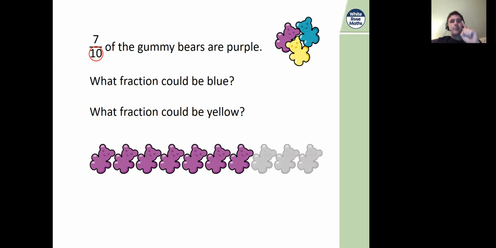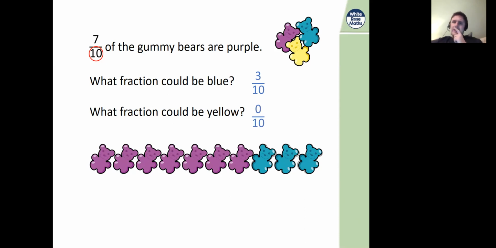Don't know what colour they are yet, but they're not purple. Okay, so now the question is, what fraction of those could be blue? What fraction could be yellow? Well, how about all 3 of them are blue? So what fraction is that? Well, it's 3 out of the 10, 3/10. So what fraction could be yellow if that was the case? Well, there's no yellow ones there. So that'd be 0 or 0/10.